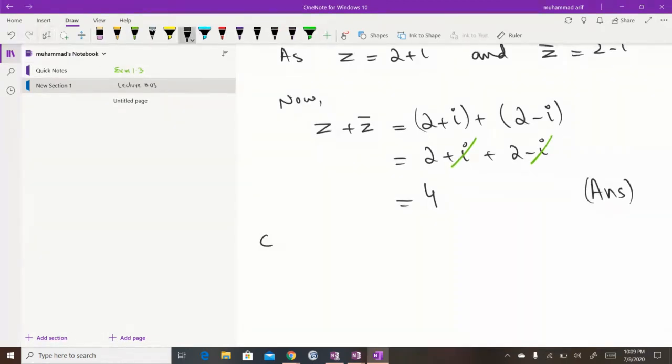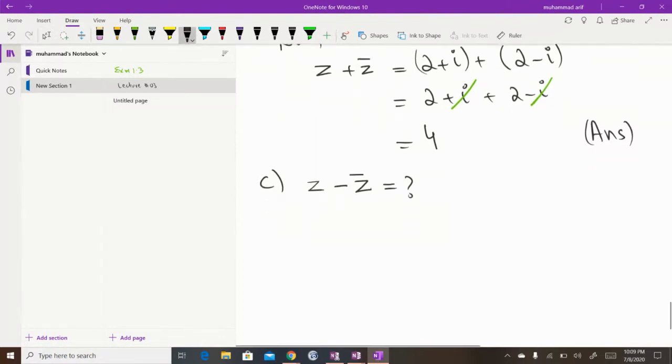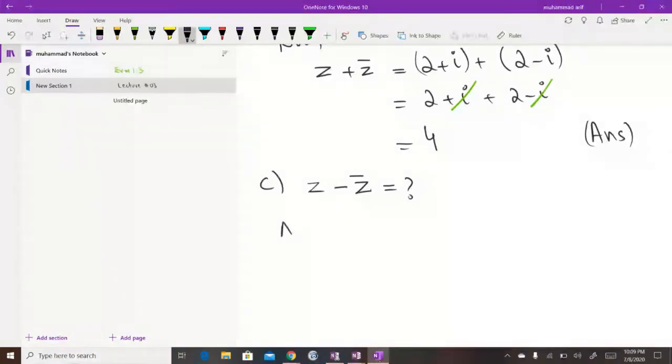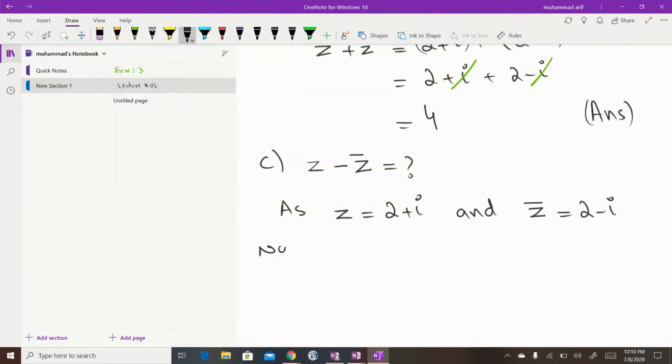Now in part C we are to find the value of z minus z conjugate. Again, what is z? z is 2 plus iota, and z conjugate is 2 minus iota. Instead of z we write 2 plus iota, and instead of z conjugate we write 2 minus iota.